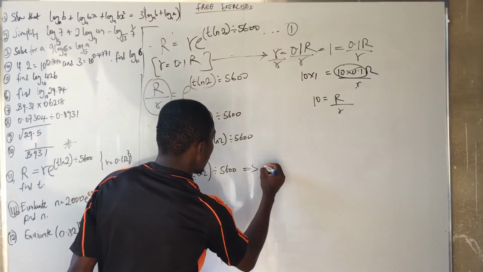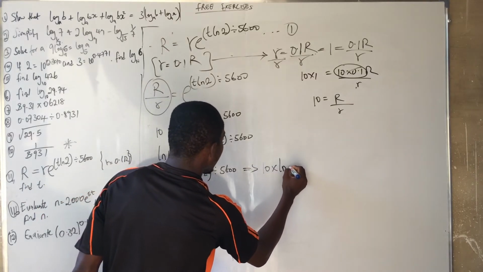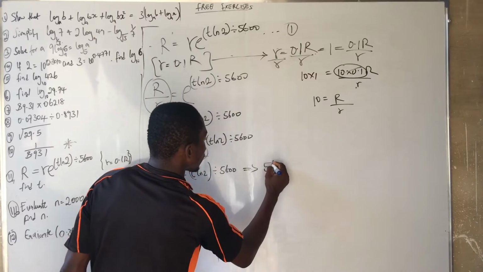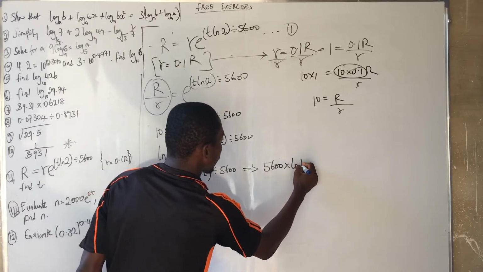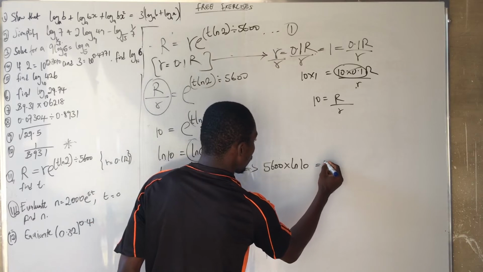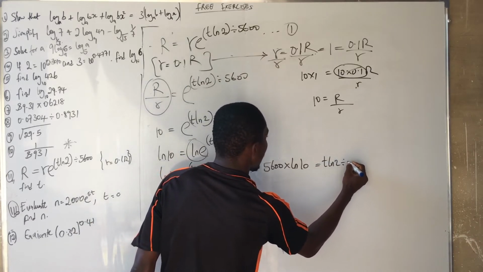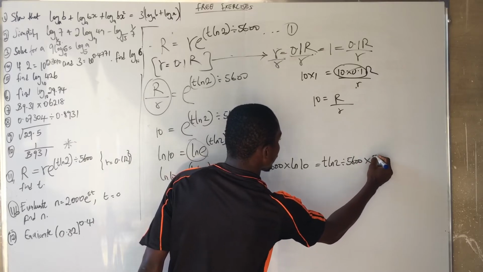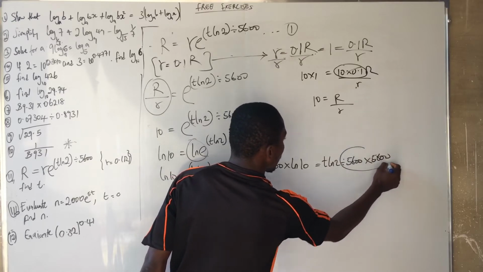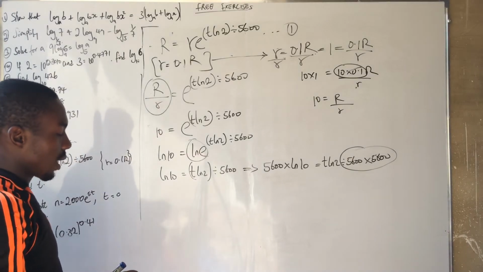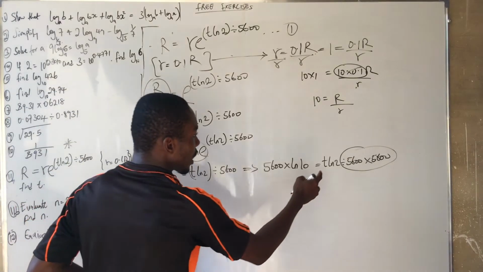So I will now say 5,600 times ln 10 is equal to t ln 2 divided by 5,600 times 5,600. So these are going to cancel off. So what is my next target now?